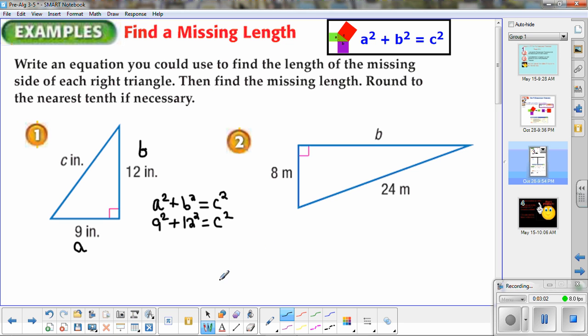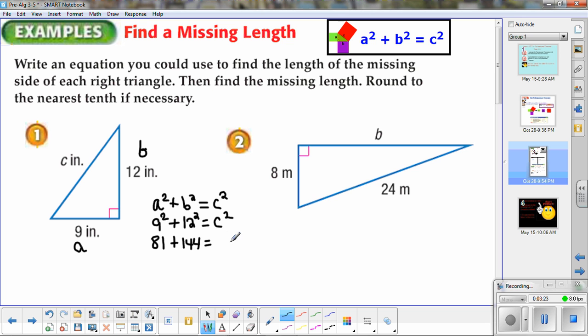Now the next thing you're going to do is you're going to go ahead and calculate 9 squared, which is 81, plus 12 squared. 12 squared is 144. In case you've forgotten, squaring a number means to multiply it by itself. So 9 squared is 9 times 9. 12 squared is 12 times 12.